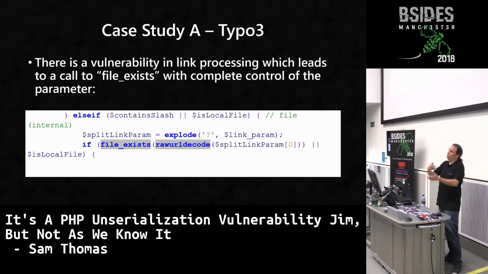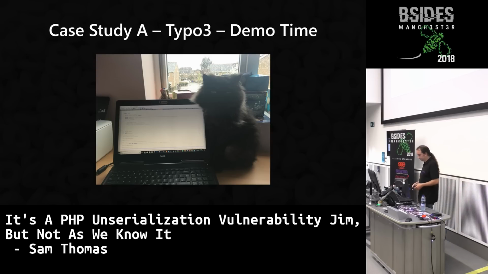But it does that before URL decoding. So as long as we encode, for instance, the colon, we can trick it into thinking it's dealing with a local file and it will call file_exists on a path completely under our control. So let's have a look at the demo.